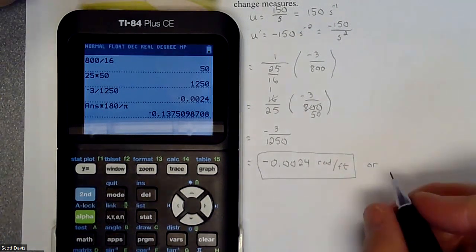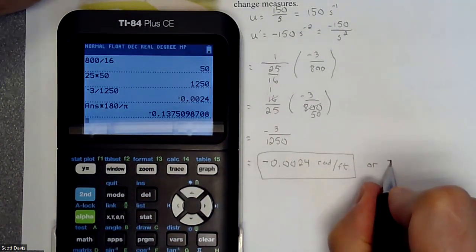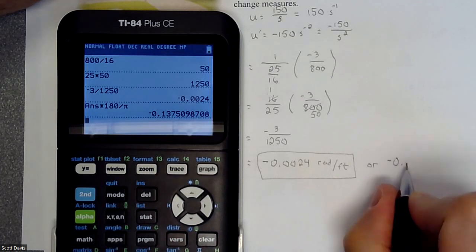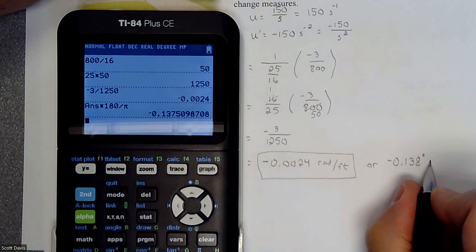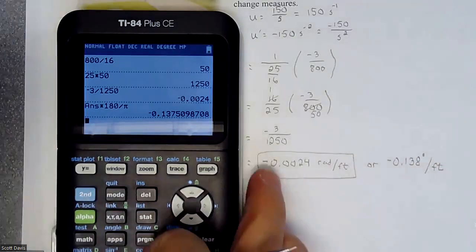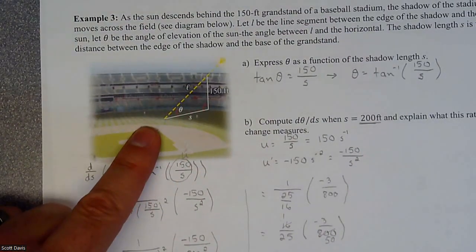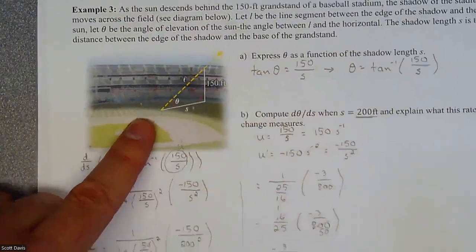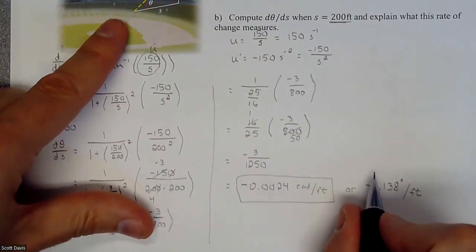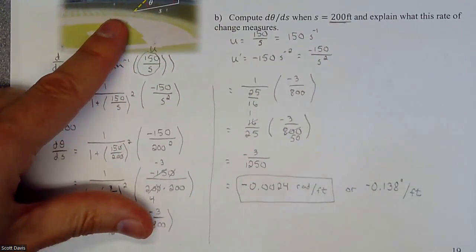So what that represents is a negative 0.138 degrees per foot. So at that moment, when that distance is 200 feet, this angle is changing by a negative 0.138 degrees per foot.